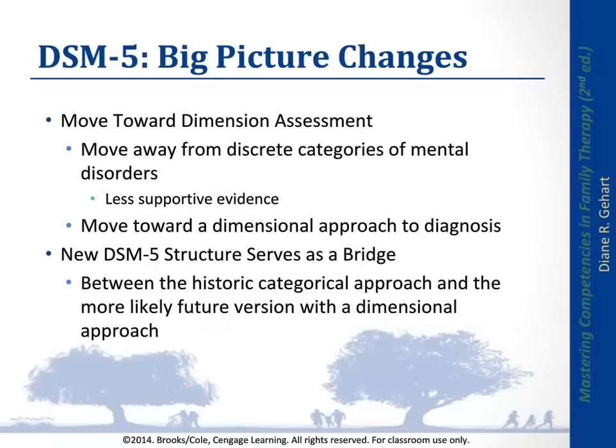You're going to be rating people across several realms, several dimensions of functioning, and even that may allow for changes. You might get worse in one area, better in another. So it's a much more flexible, dimensional way of looking at functioning rather than saying you're bipolar or you're schizophrenic or whatever that might be.